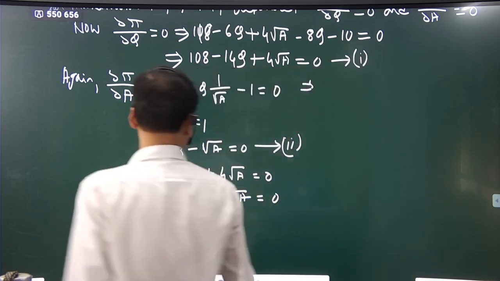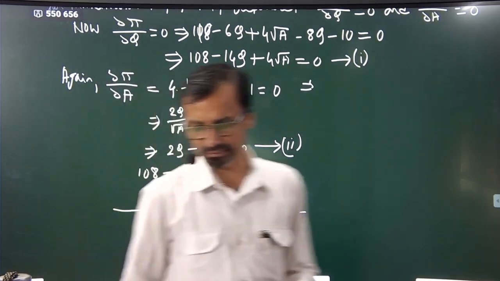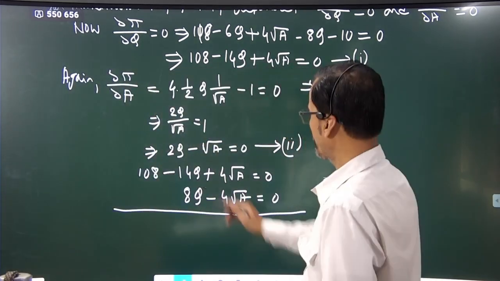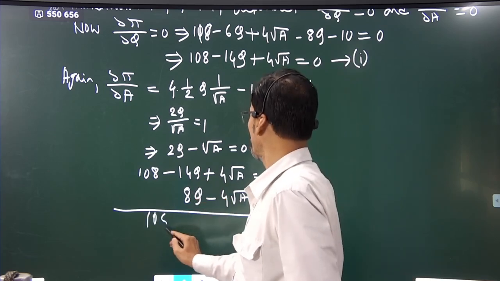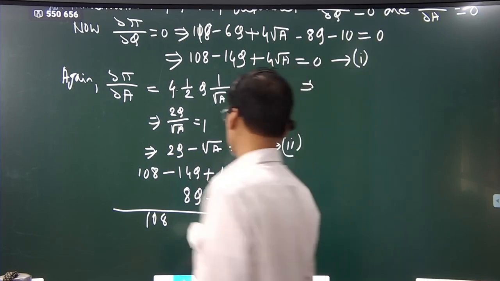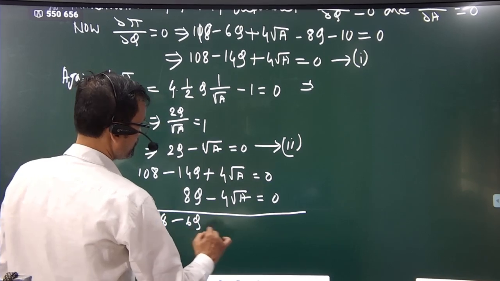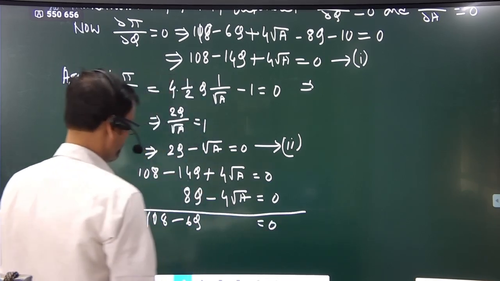Here, plus and minus cancel. So 108 and 14Q minus 8Q, ultimately minus 6Q, that would equal 0.